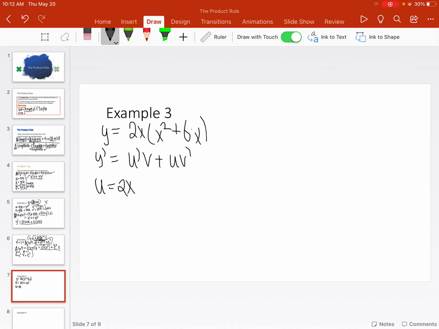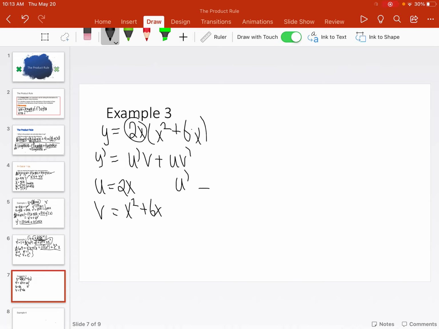You usually want u to be the first one. It's just natural that way, I suppose. And v is equal to x squared plus 6x, because we have a product of 2 functions. We got 2x times, in brackets here, x squared plus 6x. So there we go. We got u is equal to 2x, v is equal to x squared plus 6x.